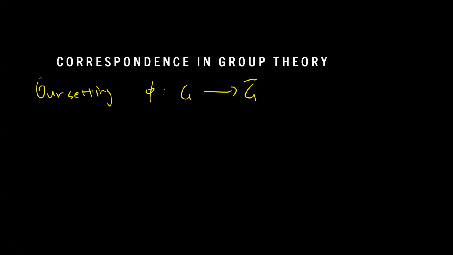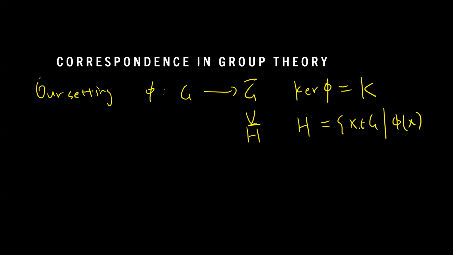Let's say the kernel of phi is K. Let's denote there is an H bar as a subgroup, and let's define H to be the set of X belonging to G such that phi of X belongs to H bar. So this is just the inverse image, phi inverse of H bar.